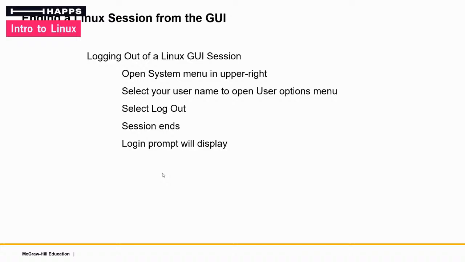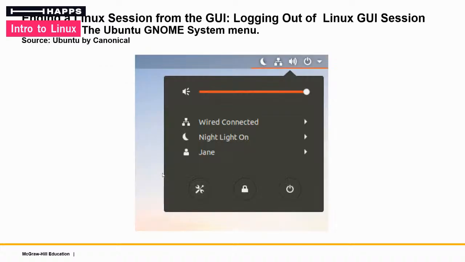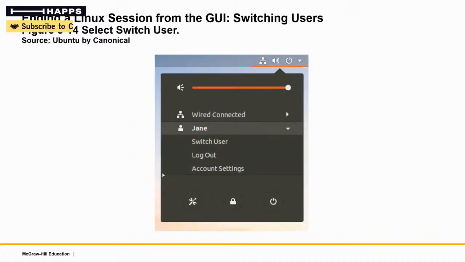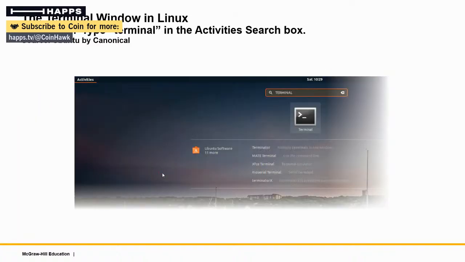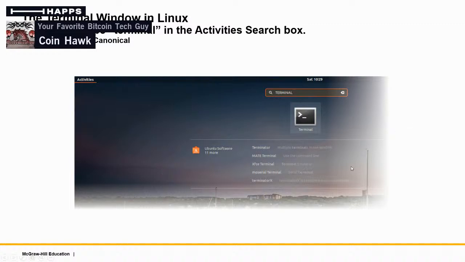Logging out is relatively straightforward. We'll take a look at all those things. You go to the power button and try to log out. Users, power down. This is where we really want to be, the command line, right? We will dive into this in a little more depth when we come back.